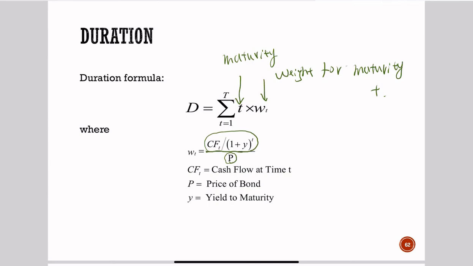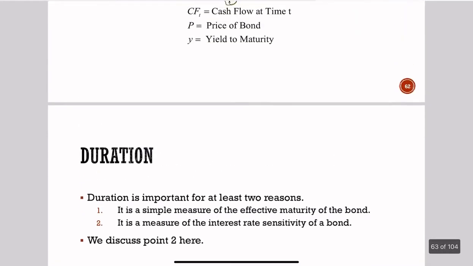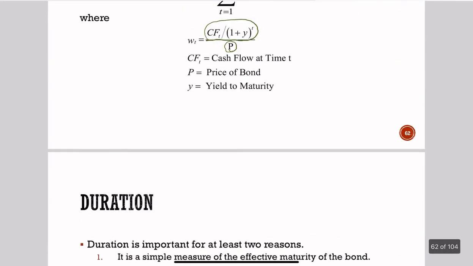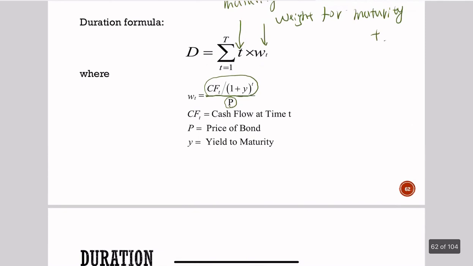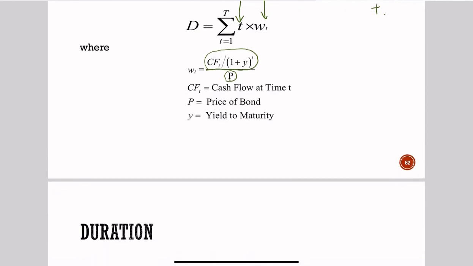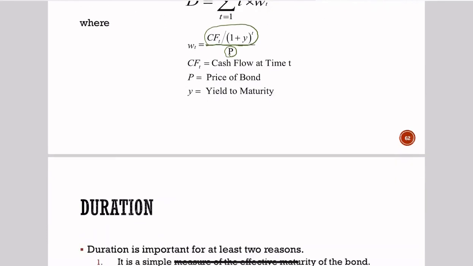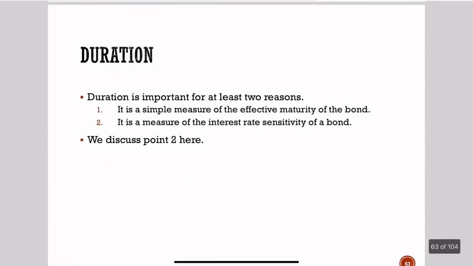I can understand now this calculation of duration seems a little abstract, right? So you will see an example which tells you how to calculate duration. And you will see that it's actually fairly simple. Okay, why do we want to talk about duration?